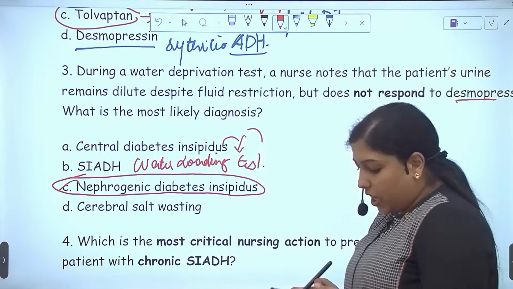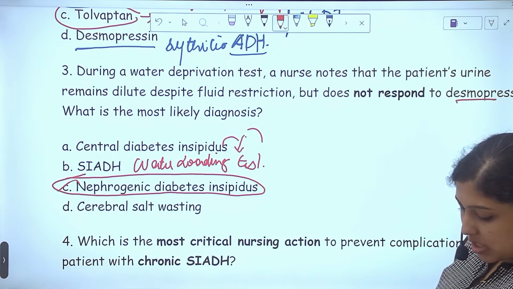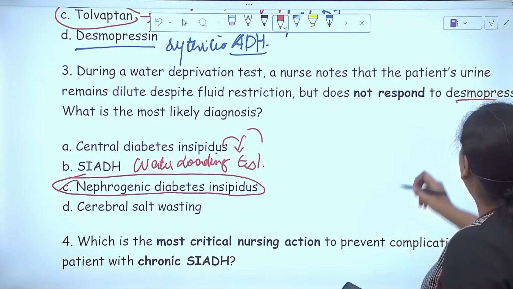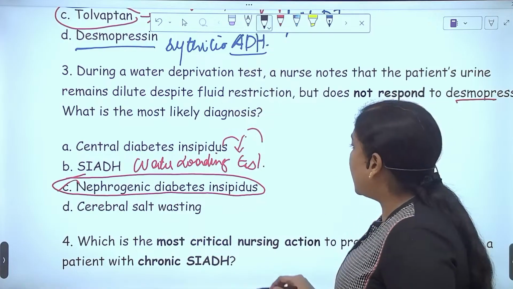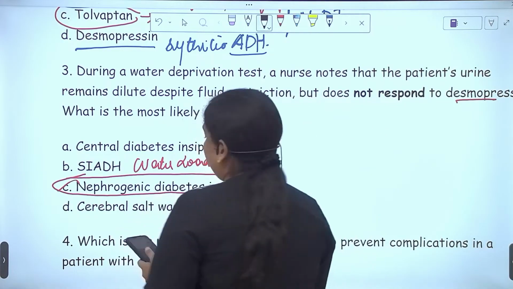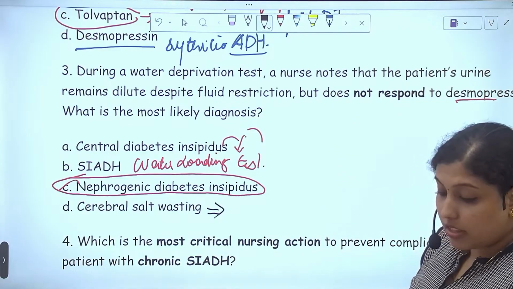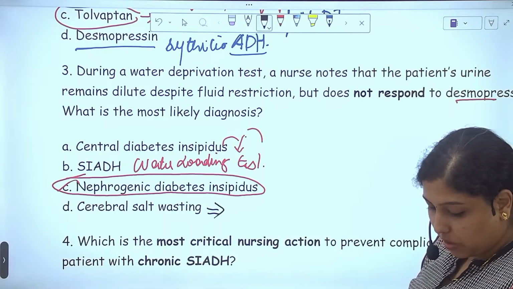Right? Now tell me, what is cerebral salt wasting? In cerebral salt wasting syndrome, what are all the findings you will be having?